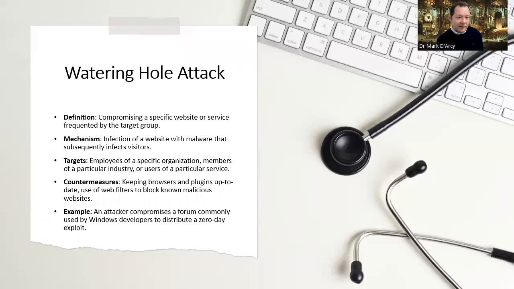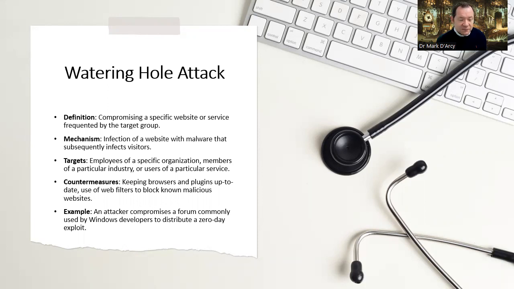Watering hole attack. This is compromising a specific website or service frequented by the target group. Mechanism: infection of the website with malware that subsequently infects visitors. The targets tend to be employees of a specific organization, members of a particular industry, or users of a particular service.